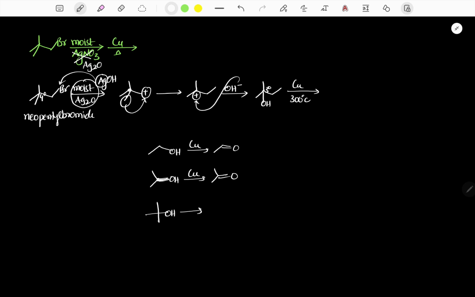Tertiary alcohol with copper, dehydration takes place. So for tertiary alcohol, dehydration is possible. Therefore in this case there is alpha carbon, beta carbon, beta carbon. So we expect two alkenes, one alkene like this and another alkene like this. Among these two, one is the stable alkene. Therefore the corresponding product is major.